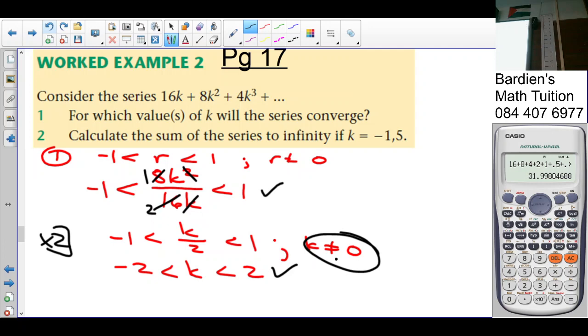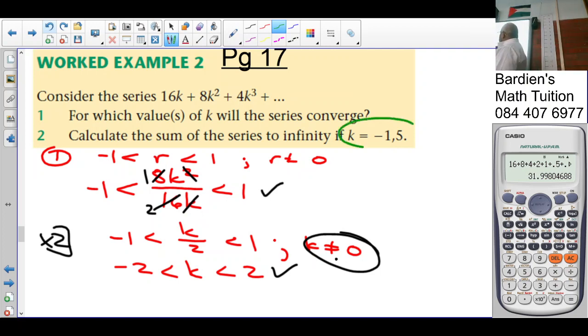In number 2, it says calculate the sum of the series to infinity if k is equal to -1.5. Would the series converge at -1.5? Yes or no? Yes. Why? Because k is greater than -2.